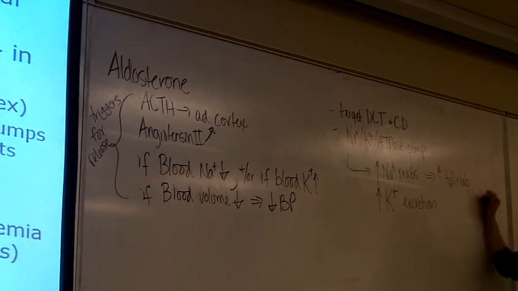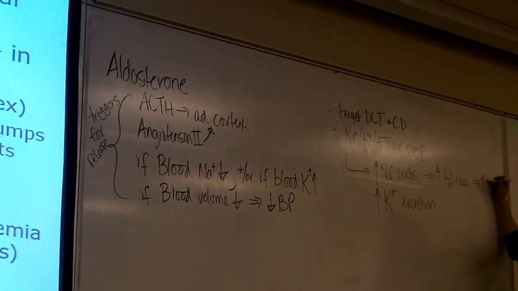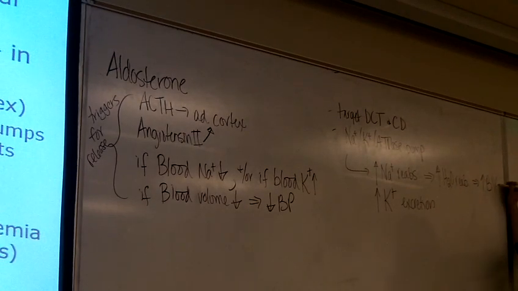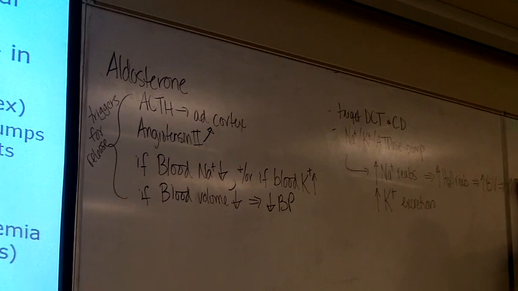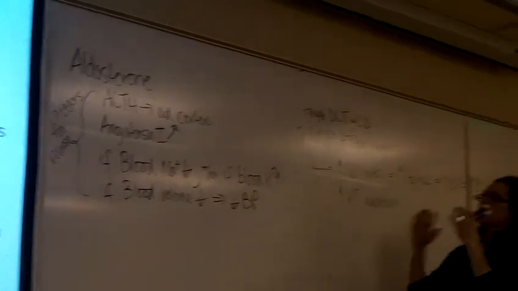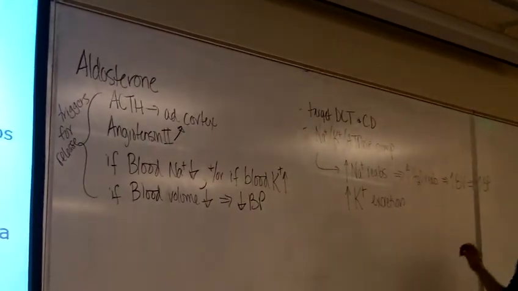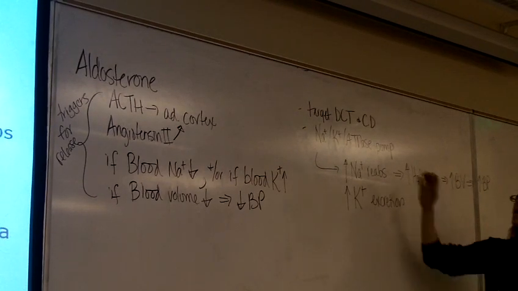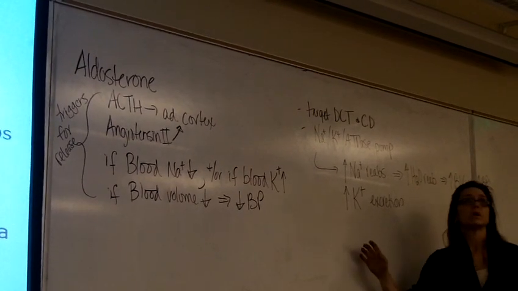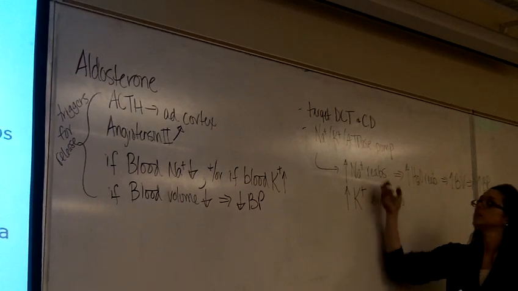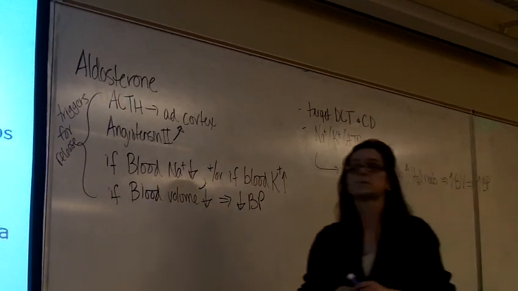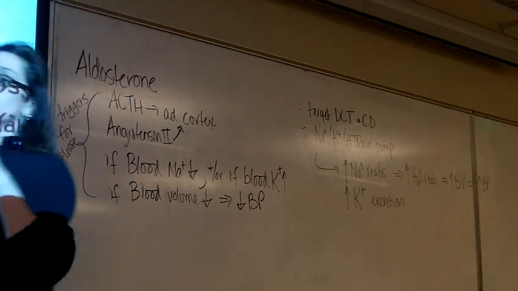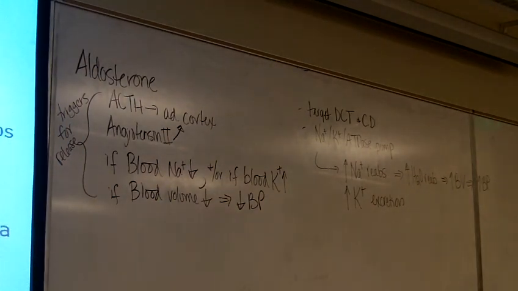And the more water that we reabsorb, that's going to increase our blood volume, and that's going to increase our blood pressure. So aldosterone is working in a variety of ways. One, to regulate blood volume and blood pressure, but also to regulate the osmotic or solute concentration of the blood, in particular sodium and potassium. And that should all be reviewed for you guys from the hormone section.